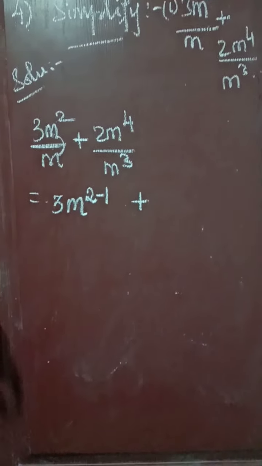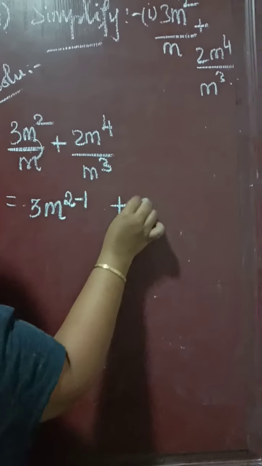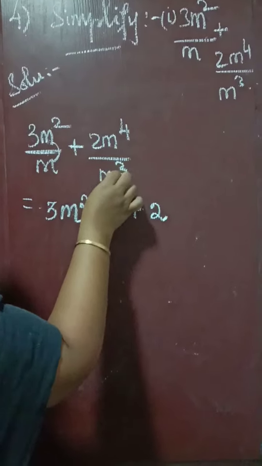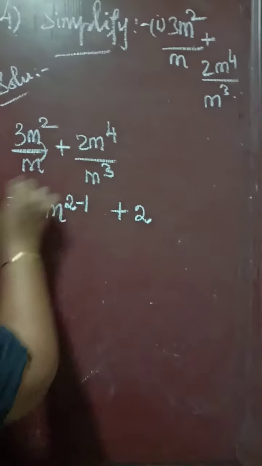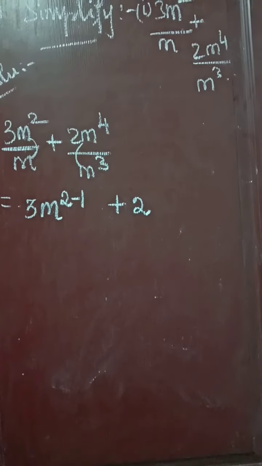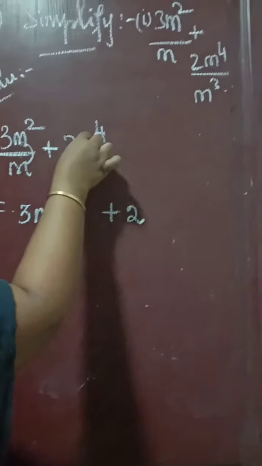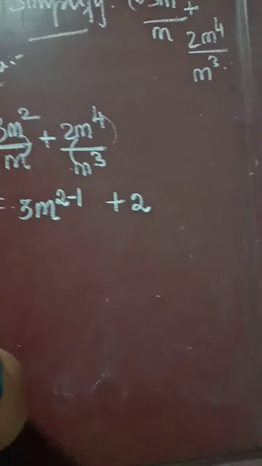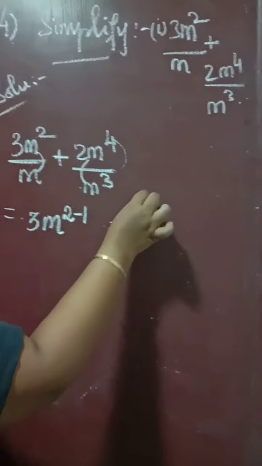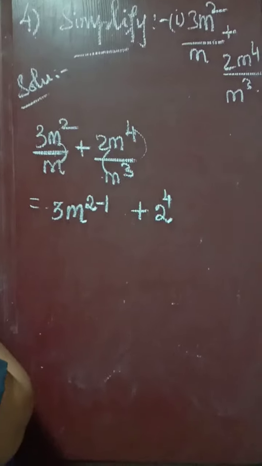So I put plus. Here only one number, so I write that number. So listen. Here m power 4 divided by m power 3. So m is common, so base same. In division if the bases are same, we subtract the power. What is the power of the numerator? Yes, 4 is the power of the numerator.